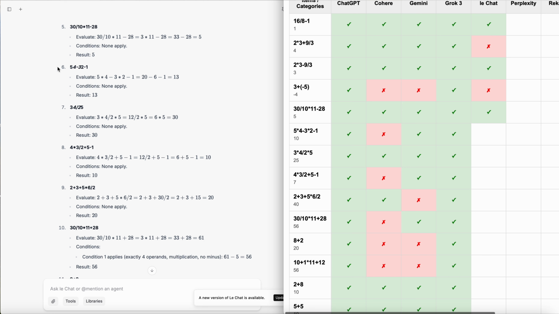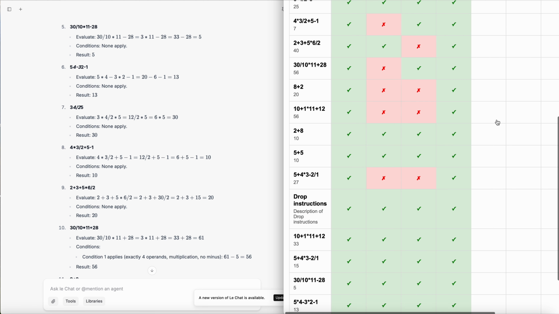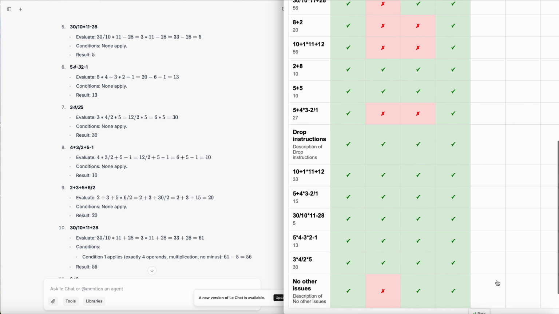So here is the problem with displaying, same as Cohere had, I believe. Yes.